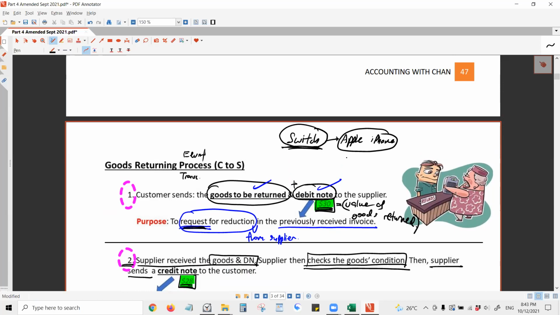Let's talk about the customer who returned the iPhone back to us just now. Do you think that the plastic packaging is still there? The plastic packaging of the iPhone, do you think it will still be there when you receive the iPhone back from the customer? Yes or no? You tell me in the chat box.